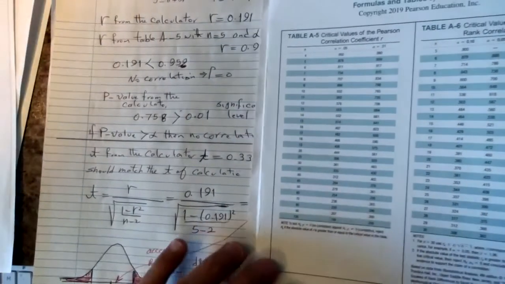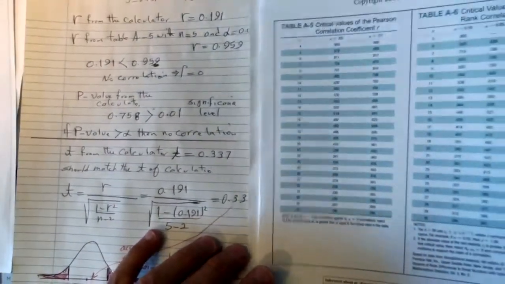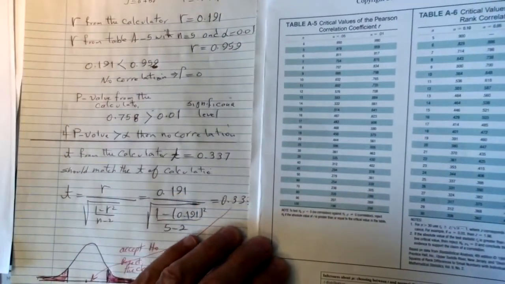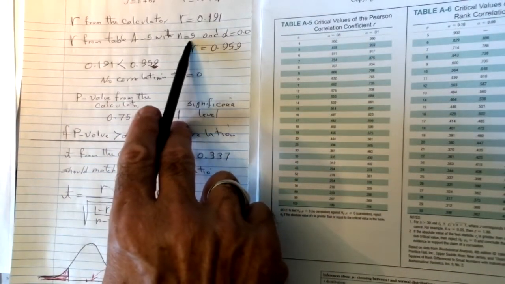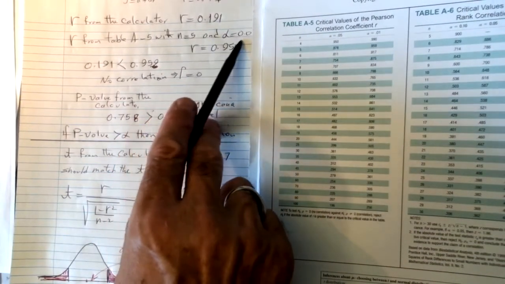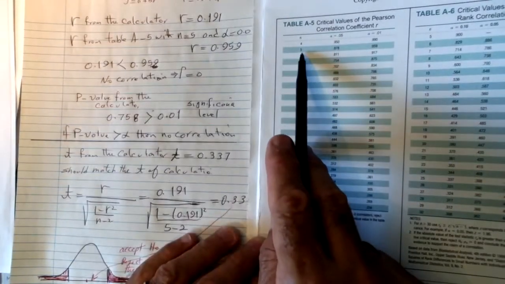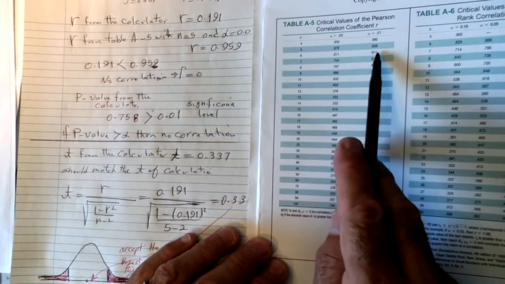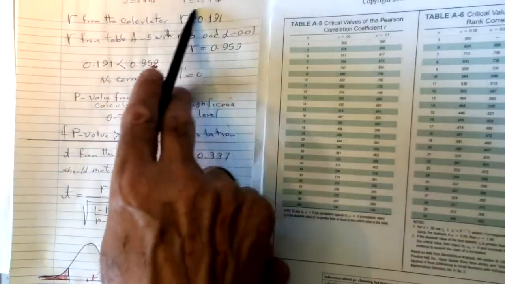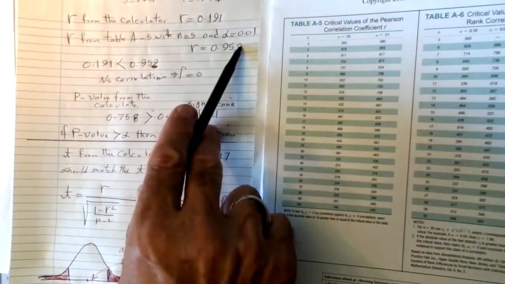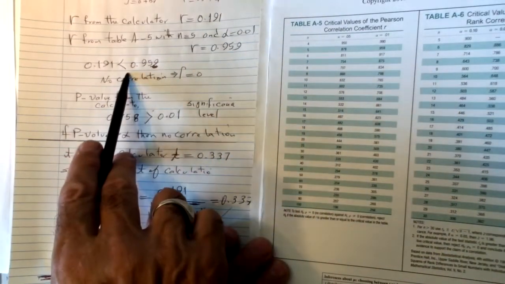On table A5, if n is 5, because there are 5 pairs, right? And alpha is given as 0.01, 5 and 0.01 give you 0.959. Your number must be greater than this, but it's not, it's smaller.